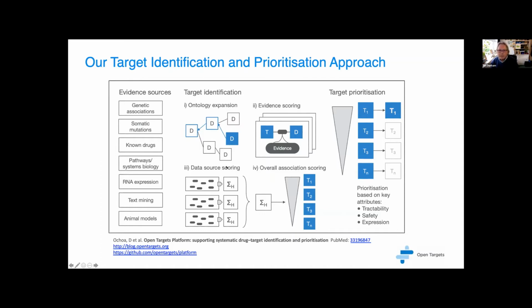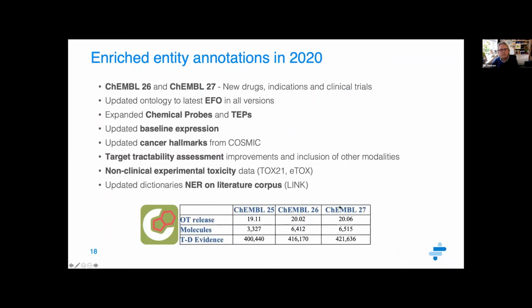And then we score all of the evidence together using a harmonic sum function to lead to an overall association score. We also include various target-specific factors to allow prioritization, such as tractability of the target, safety information, and expression data on each of the targets.